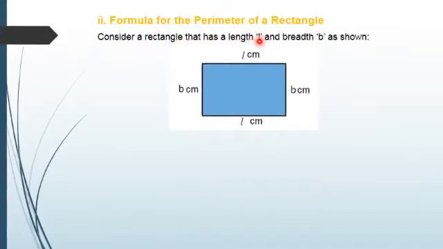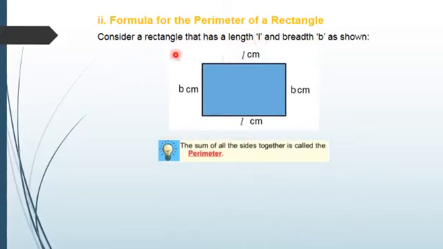Now, the formula for the perimeter of a rectangle. We will consider a rectangle that has a length L and a breadth B. We know that the sum of all the sides together is called the perimeter.